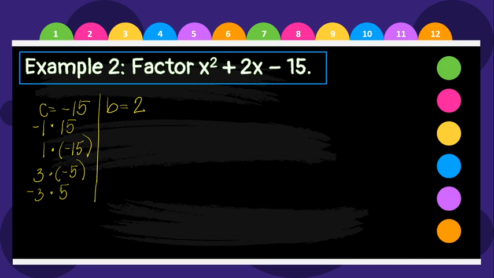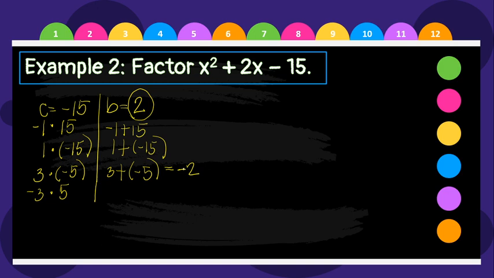Next, we're going to choose from these factors the pair that when added, the answer is positive 2. Negative 1 plus 15, the answer is not 2, obviously. 1 plus negative 15, the answer is not 2 also. 3 plus negative 5, the answer is negative 2, since the negative sign is on 5, which is larger than 3.